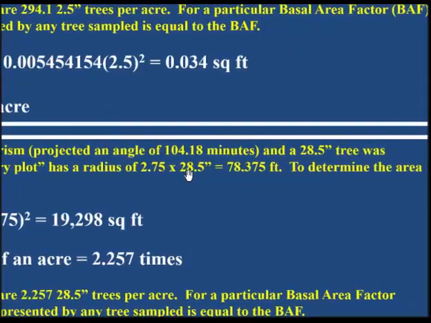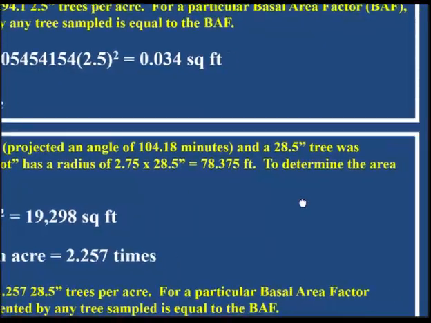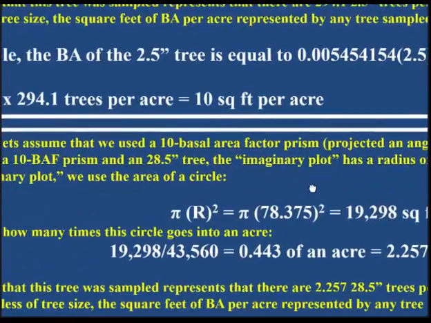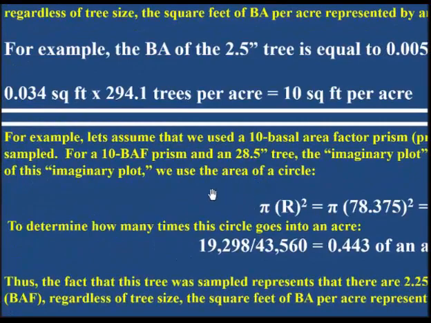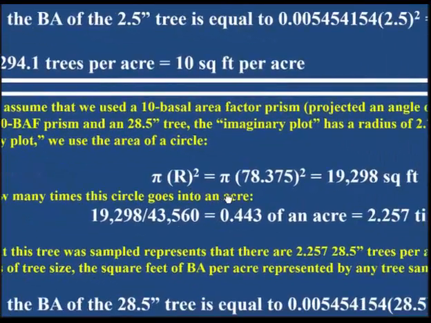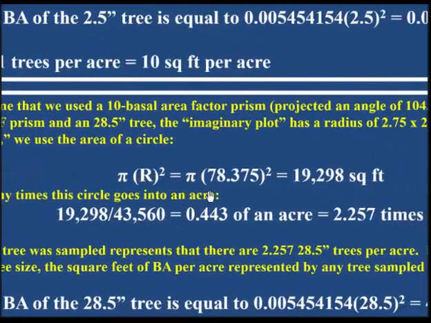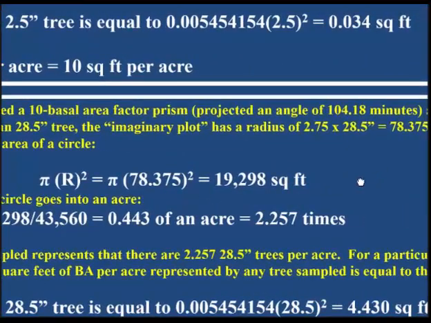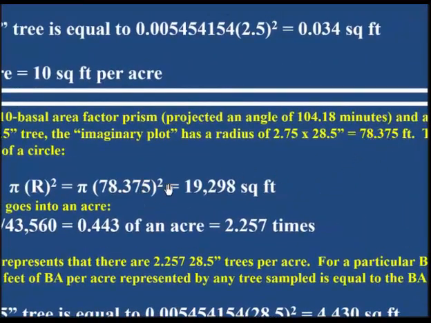And the way I think of it, you guys have to, is it can be 28.5 plot radius factors away and still be sampled because it's a large tree. To determine the area then of this imaginary plot, we use the area of a circle, pi r squared, pi times the radius, 78.375 feet squared.